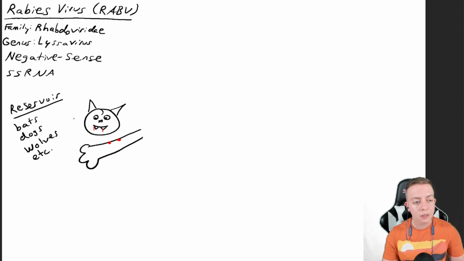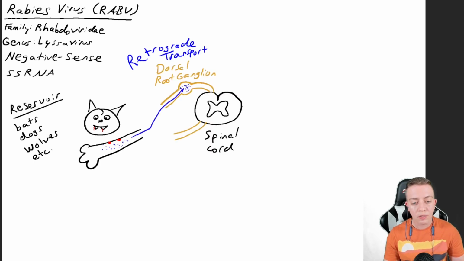So you have this bat or whatever animal that bites a human, and then inside that human, the virus is going to replicate and invade the peripheral nerves, traveling via retrograde transport, so backwards towards the spinal cord.